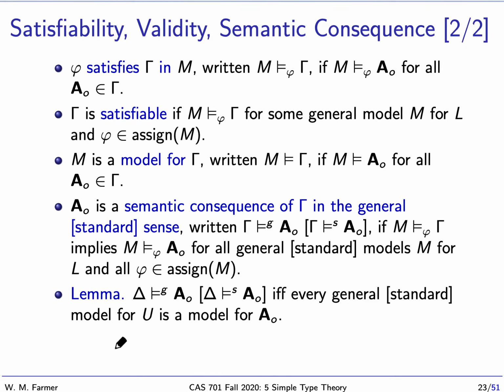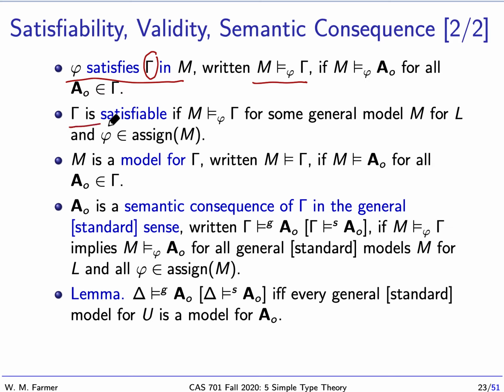Okay, so we have a few more definitions. So now let's look at the definitions when gamma is a set of formulas. Phi satisfies gamma in M, which we write like this, if there's an assignment that satisfies A in M for all A in gamma.